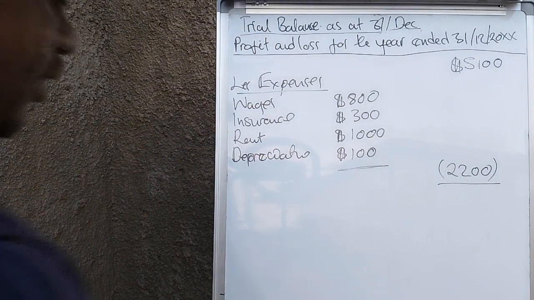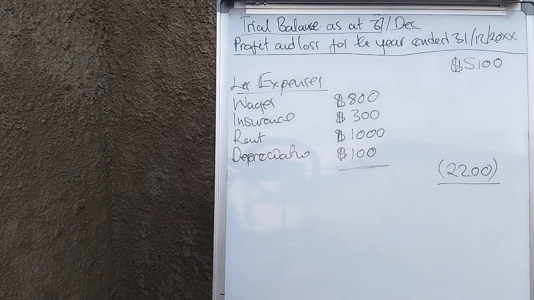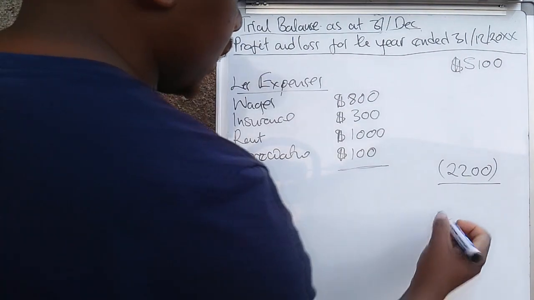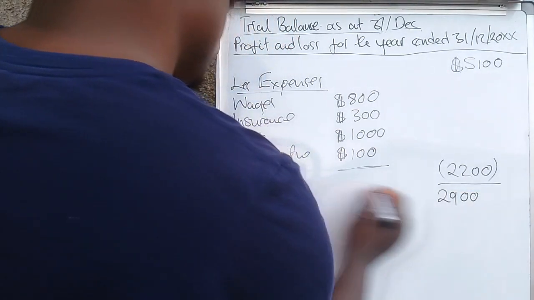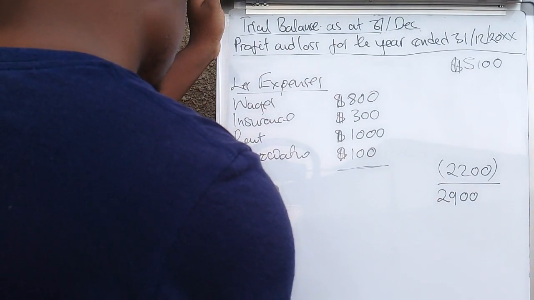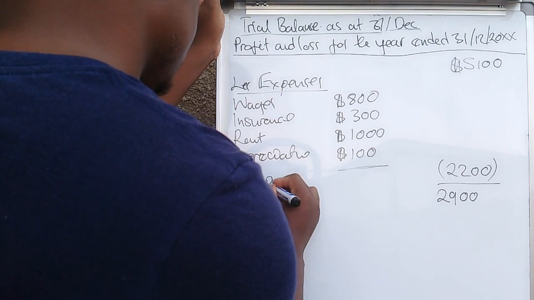Then we come and deduct that from our gross profit and other incomes. We come up with 2,900. This figure resembles our net profit.